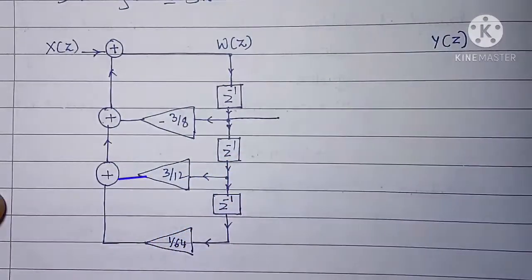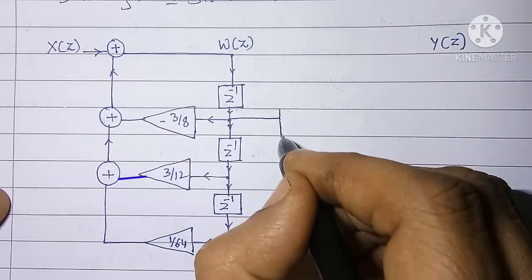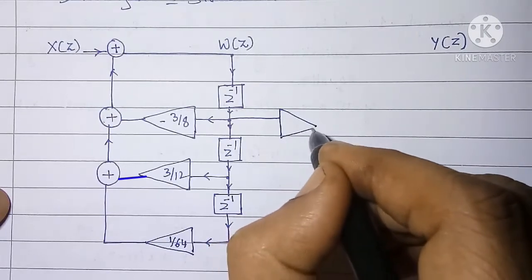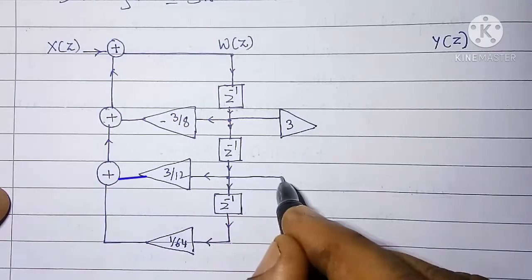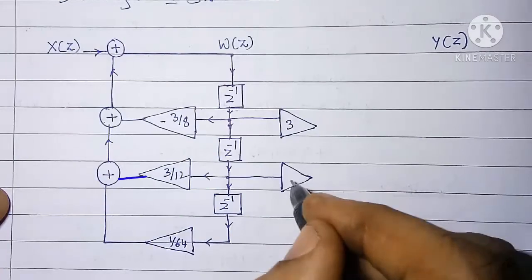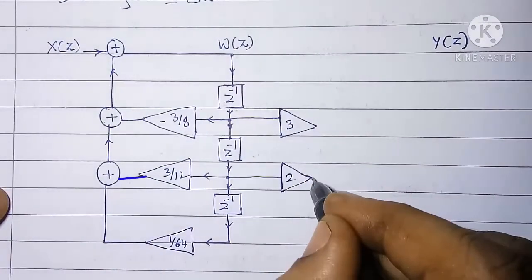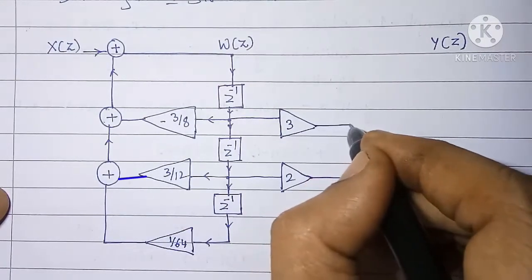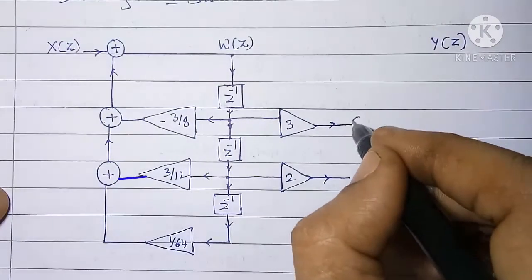On right hand side you show the part which was there on the left hand side in direct form 1 structure. After first delay unit, the gain there was equal to 3. After second delay unit, the gain was equal to 2. Now show here one plus.